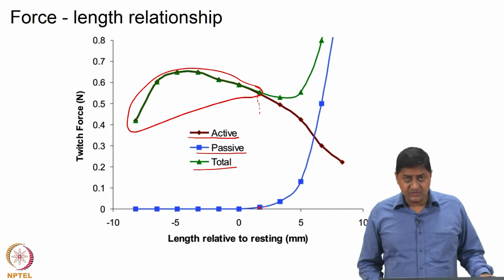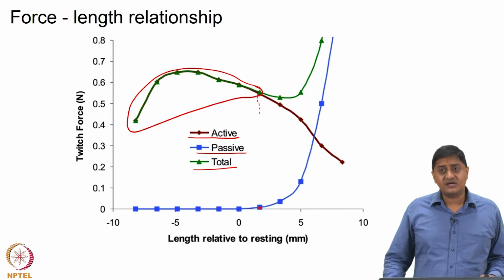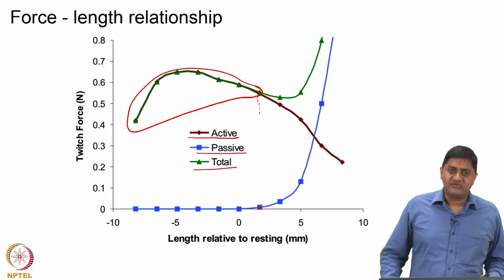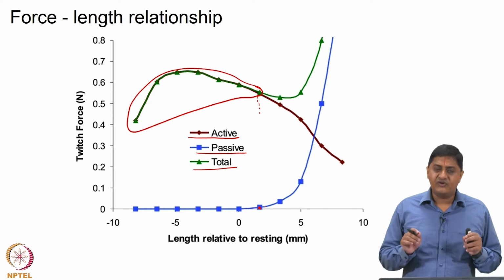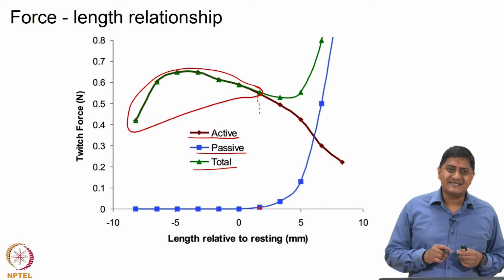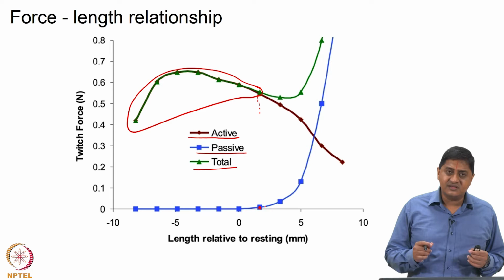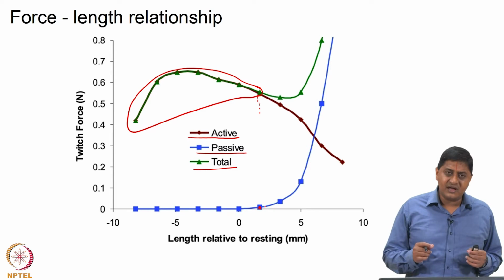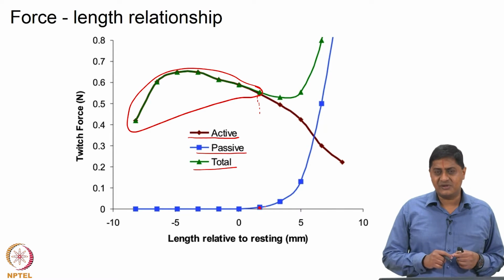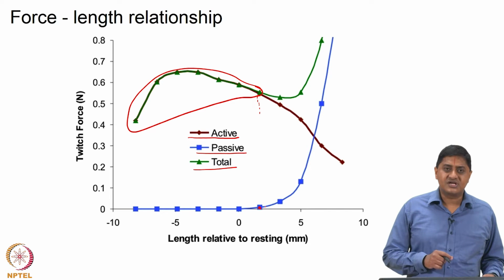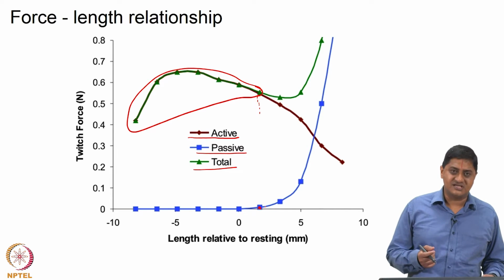Because it turns out that muscles are composed of contractile proteins, like for example, a rubber band type of situation. If you have a rubber band, when the rubber band is slack and you are trying to increase the length, as I keep increasing, there is going to be a particular point after which if I increase the rubber band's length, it is going to start resisting changes in length.